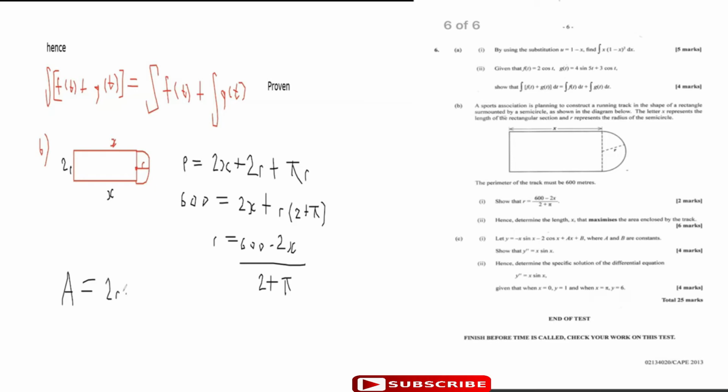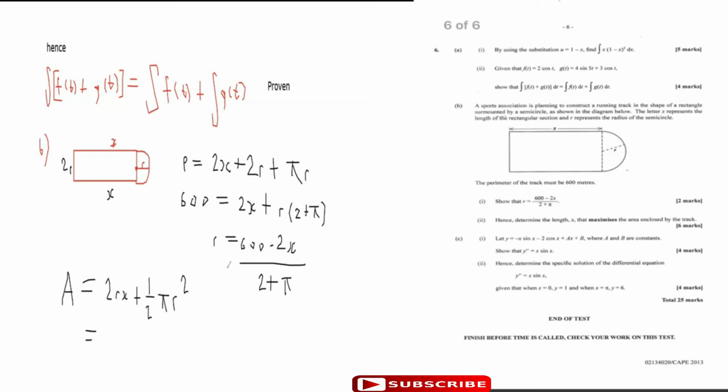That's the area of the rectangle, plus the area of the semicircle, which is a half pi r squared. Nice. So that's the area. And next thing I'm going to do is substitute for r, 600 minus 2x over 2 plus pi.